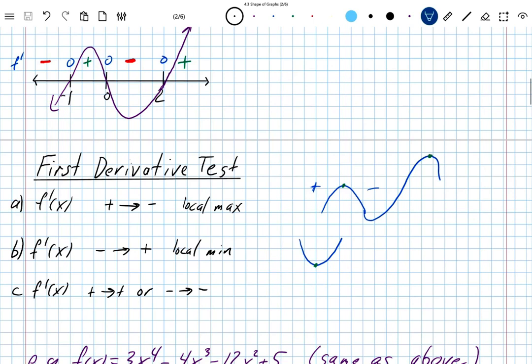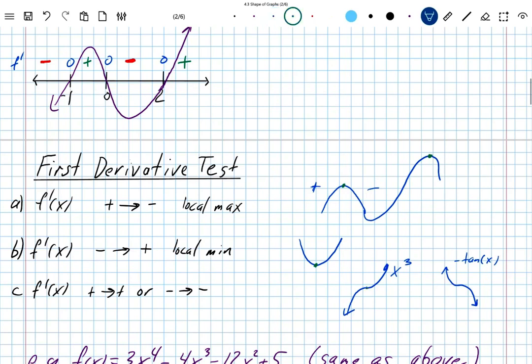Let's go ahead and look at this last case. If I go from positive to positive or negative to negative, what is that telling us? And what would that even look like? Well, maybe I'm going something like this. So this is x cubed, looks like that. Or even say, how about negative tangent, looks like that too. Where it is actually flat, it is 0.